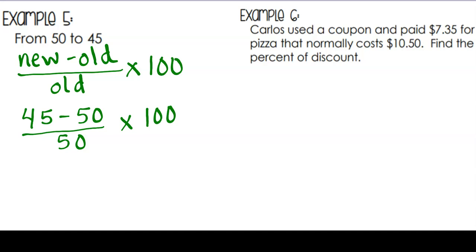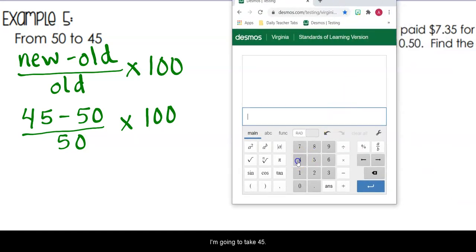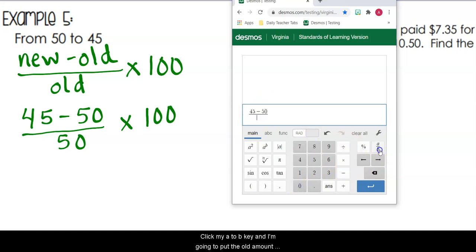Let's bring in the calculator and try it out. So I'm going to take 45 subtract 50, highlight all of that, click my A to the B key, and I'm going to put the old amount, right? Started at 50 and went to 45, so it's 50 on the bottom. You can see we have that negative, but we're not going to stop there. We want a percent decrease, so we're going to multiply by 100.